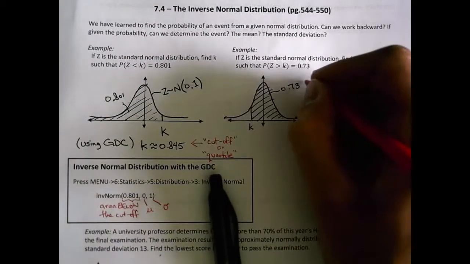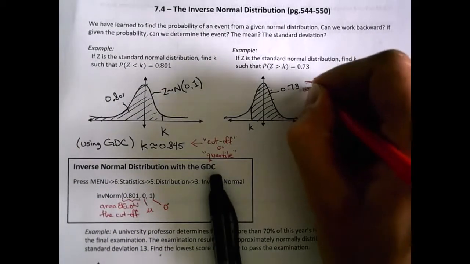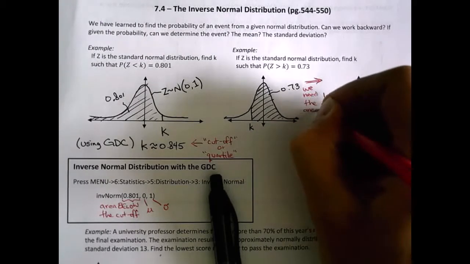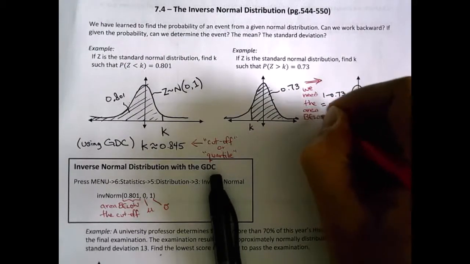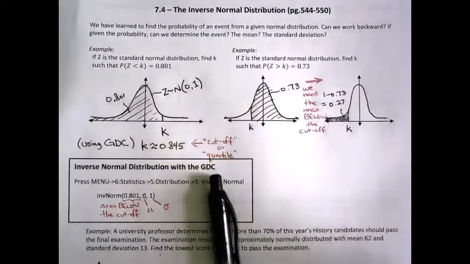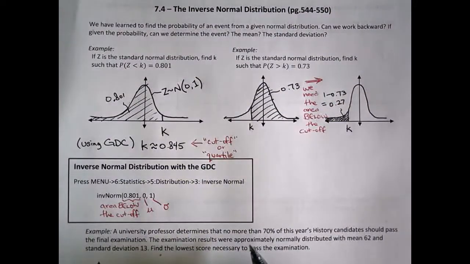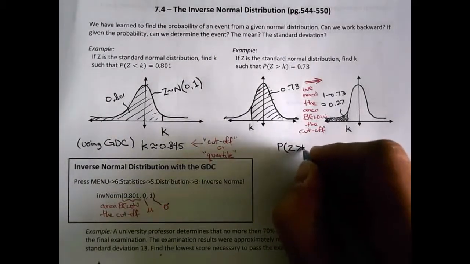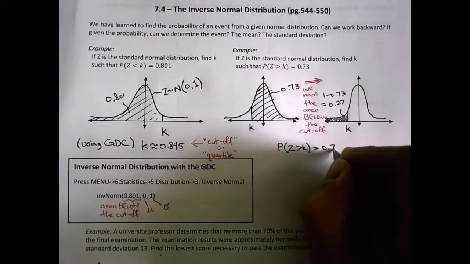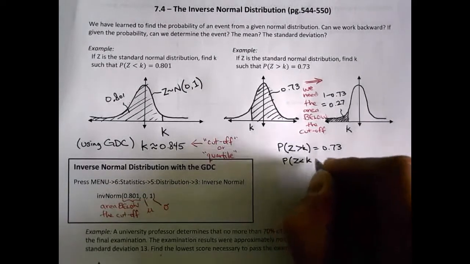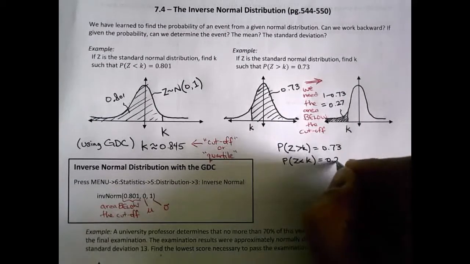So let's just put a little note there. We need the area below the cutoff. So what I would write is the probability that Z is greater than K is 73%. Well, if I rewrite that, I have the probability that Z is less than K, that is equal to 27%.